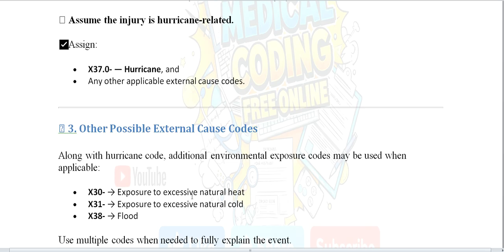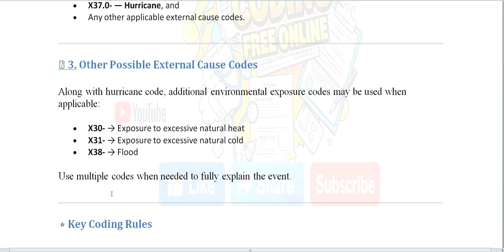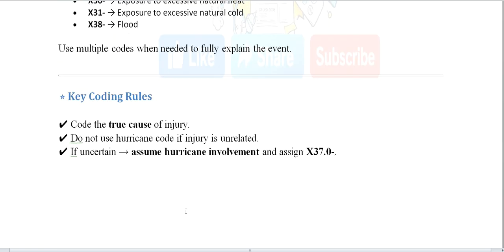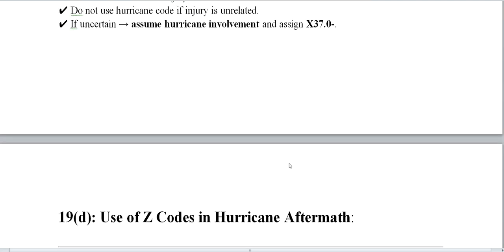X30, exposure to excessive natural heat. X31, exposure to excessive natural cold. X38, flood. Use multiple codes when needed to fully explain the event. Coding rule: code the root cause of injury. Do not use the hurricane code if the injury is unrelated. If uncertain, assume hurricane involvement and assign X37.0.